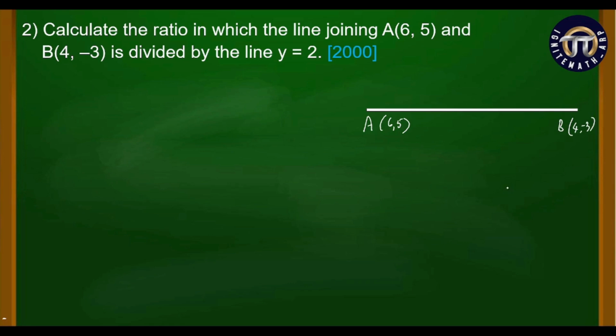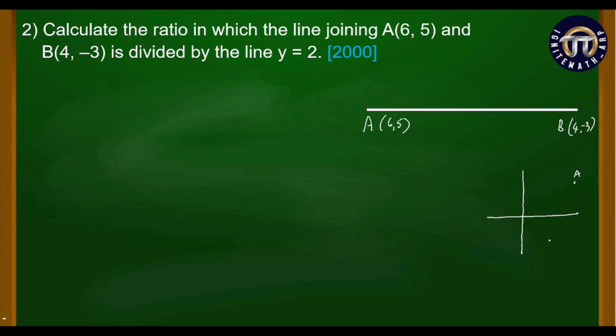See children, practically you need to understand over here. The line y equal to 2 is dividing the line joining these 2 points. When I draw the x-axis and y-axis, roughly, somewhere here A comes. Alright, this is A. Where B comes, 4 comma minus 3, somewhere here.